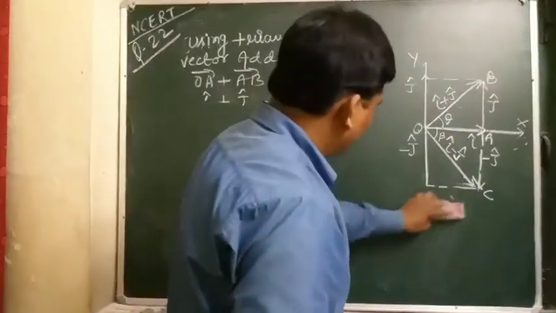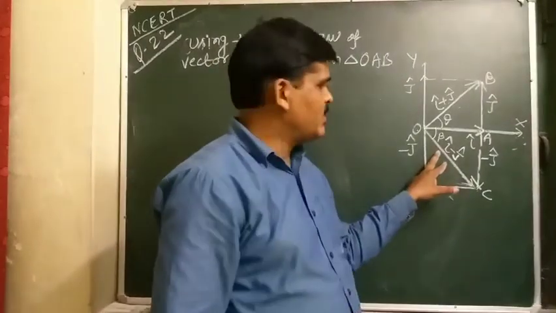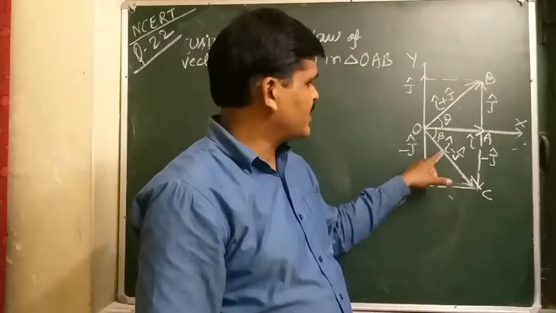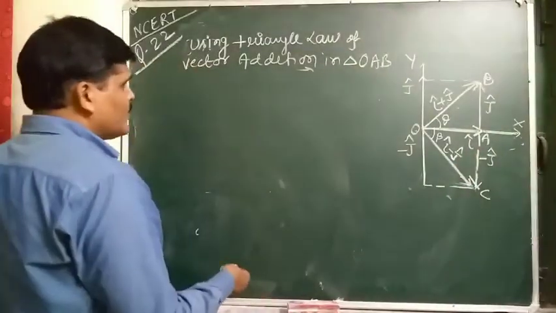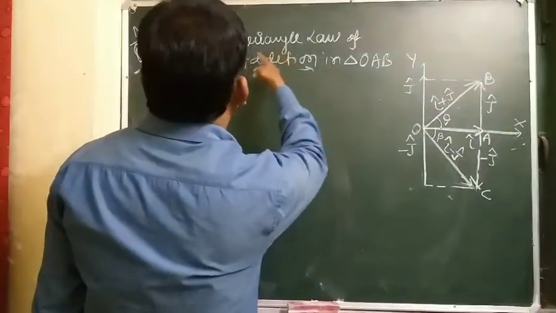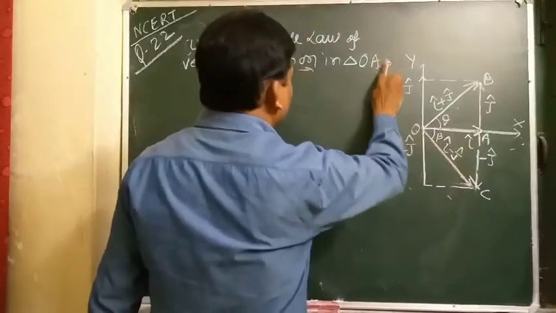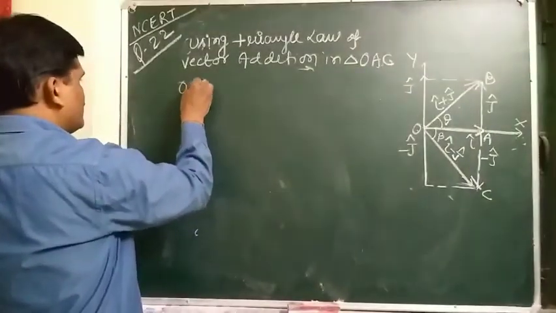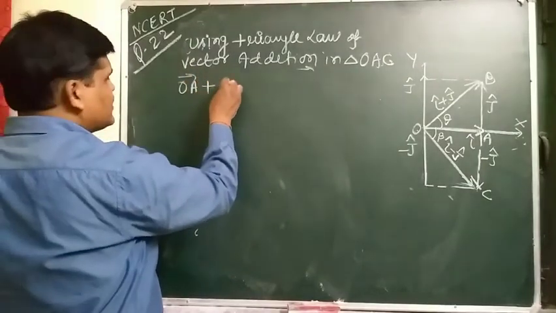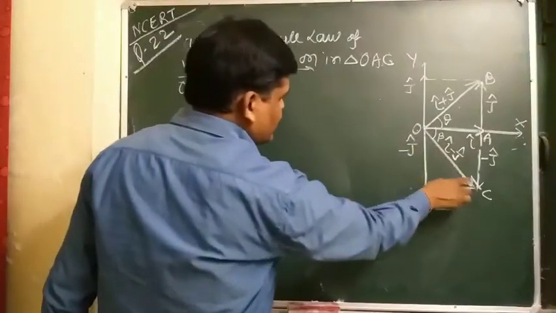And next, student, what is the magnitude and direction of unit vector i cap minus unit vector j cap? Again using the triangle law of vector addition in triangle OAC, we have to write OA vector plus AC vector, and its direction is opposite.